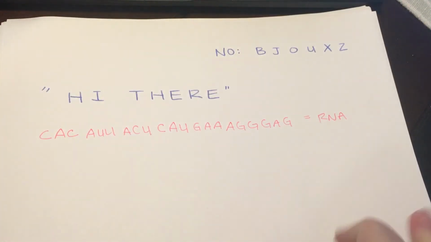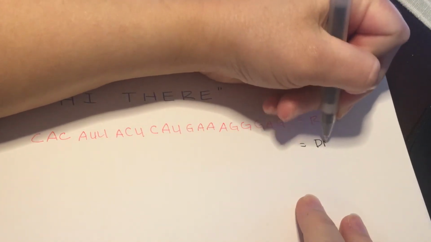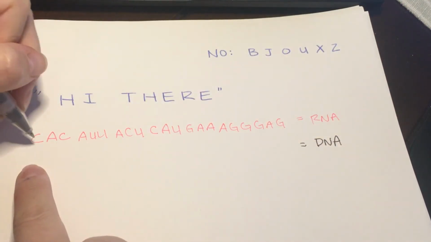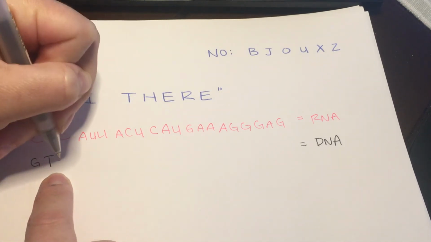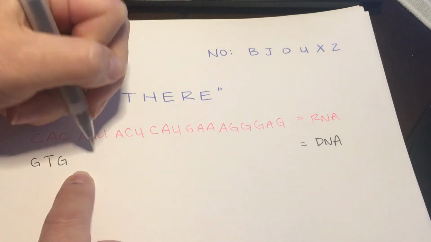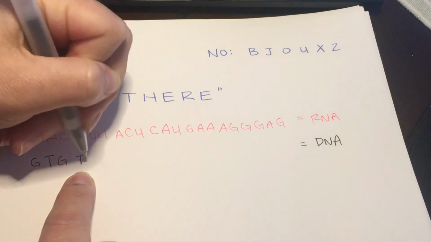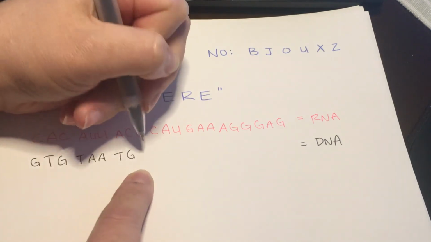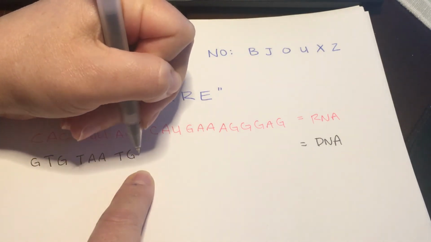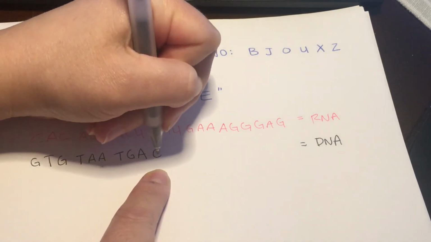Why not? Different colors, right? CAC, so G, T, G, A can bond with T, U will bond with A, with T, C with G, A. Even I'm brain farting probably.